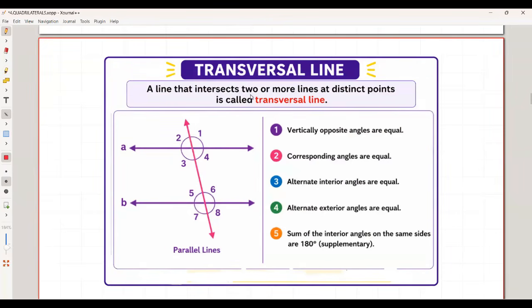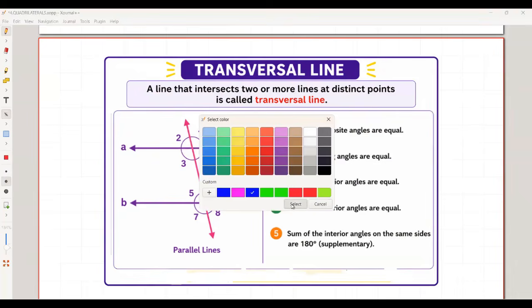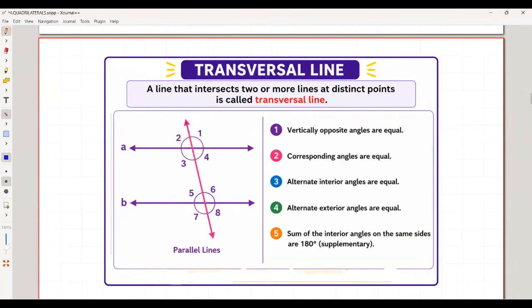A line that intersects two or more lines at distinct points is called a transversal line. For example, this line is a transversal line because it is intersecting the two parallel lines at two distinct points. Here one line, here one line, two distinct points. Therefore, this line is called a transversal line.